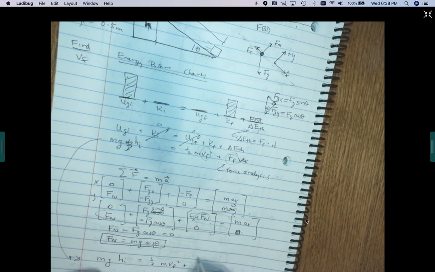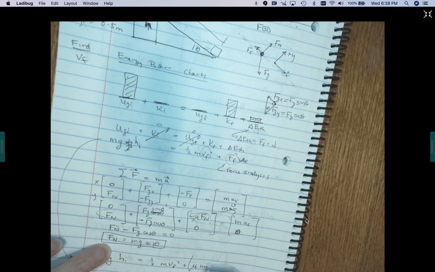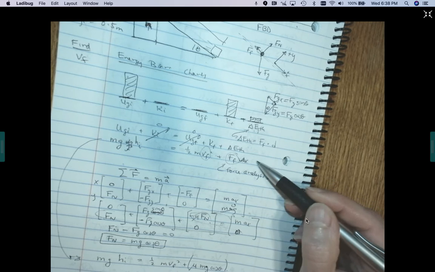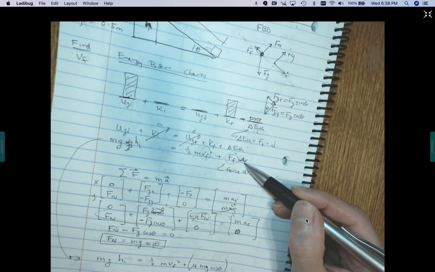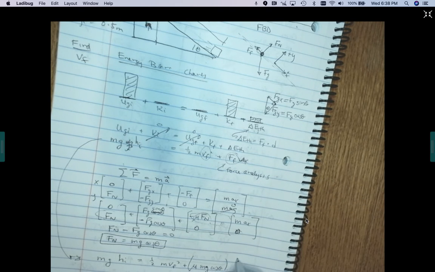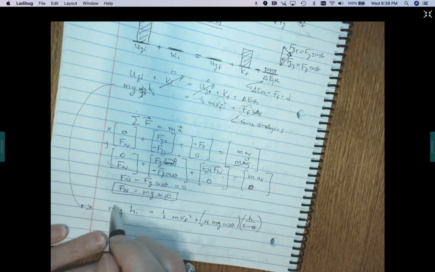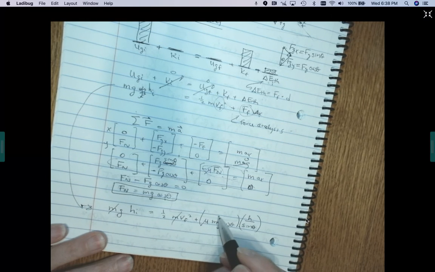My force of friction is mu times the normal, which is mg cos theta, and then times my distance traveled, delta x, which we said is h over sine theta. Okay, we do have a mass in every term, so that goes away.